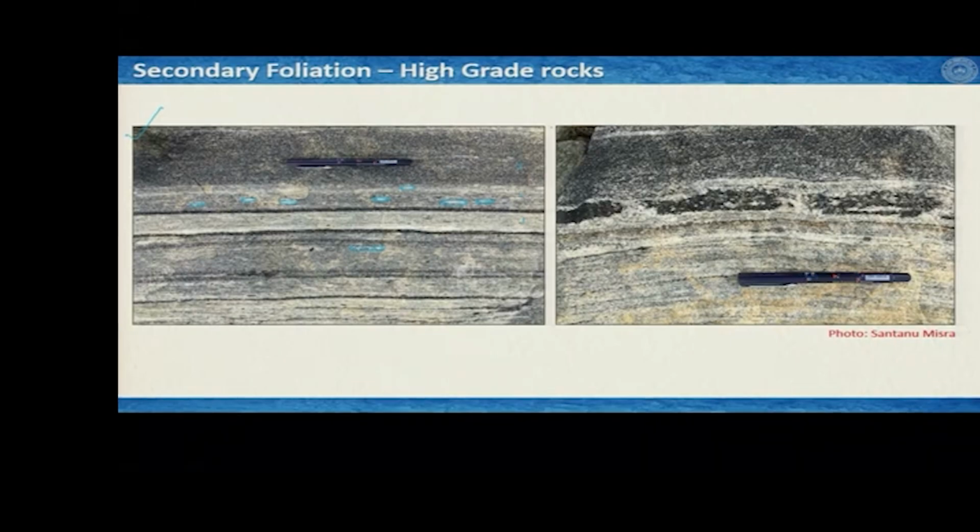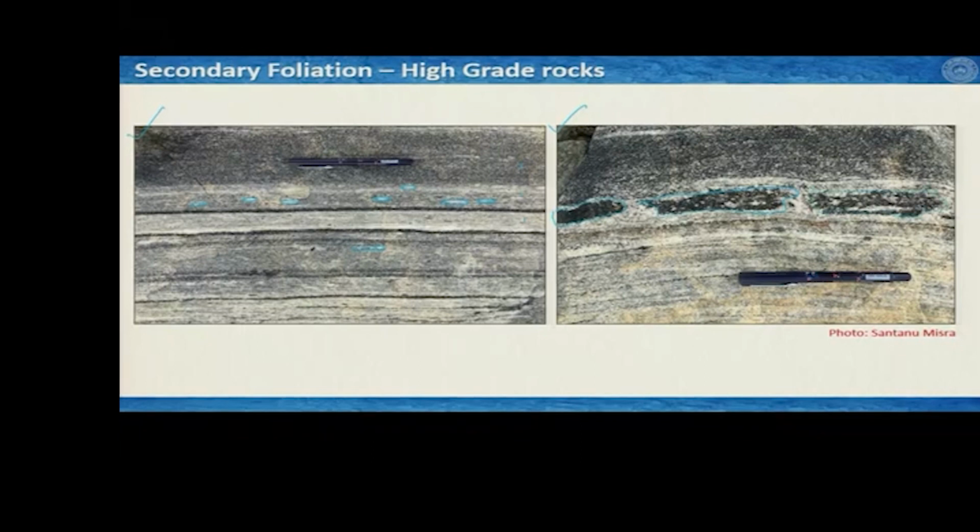You can also figure out from the second image that these features are also associated with secondary foliations and so on, that these are essentially not your primary bedding planes.